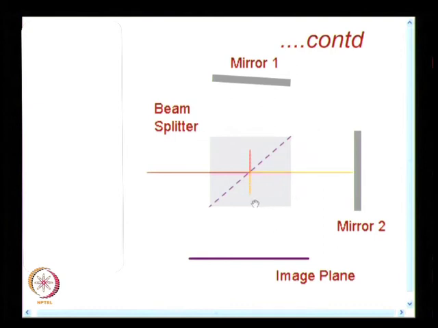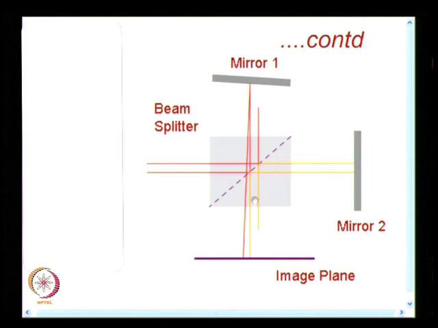So, what I have is a beam splitter, one ray goes straight and hits this mirror and comes back, the other ray goes there and gets sheared, and on the image plane for one incident ray two rays are seen. Same thing you can watch for the second ray.